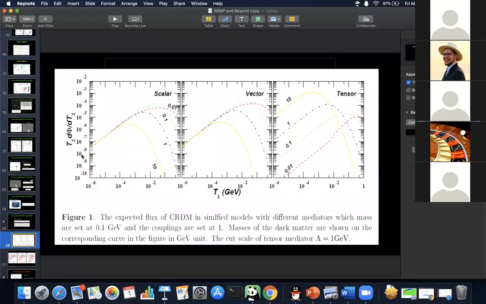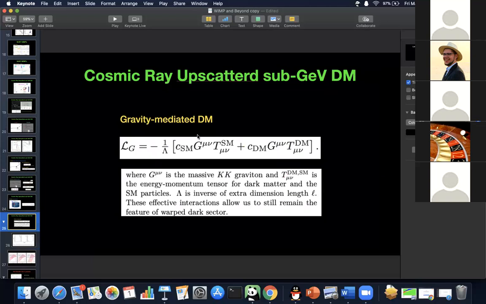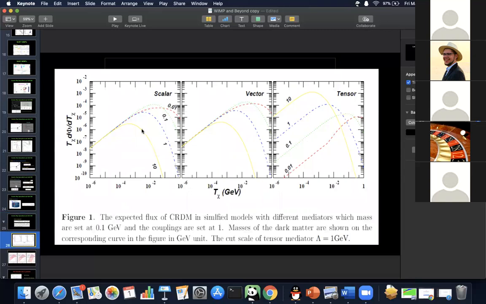This is the result for the flux. We compared the tensor case with the scalar and the vectors. The tensor case is just what we said, the gravity mediator, because the mediator is spin 2. We can see the scalar and the vectors have similar features.